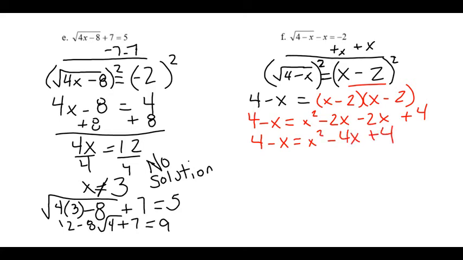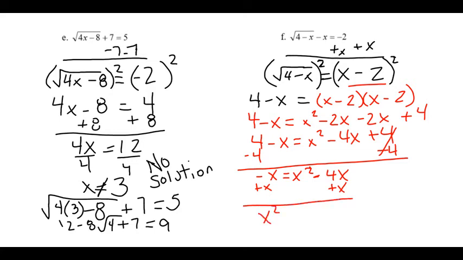Now it's a quadratic, so it's to the second power, so we have to factor it. We have to make it equal to 0 first. So I'll subtract 4 from both sides. Negative x equals x squared minus 4x, and the 4's will cancel. And then I'll add x to both sides. So we get x squared minus 3x.